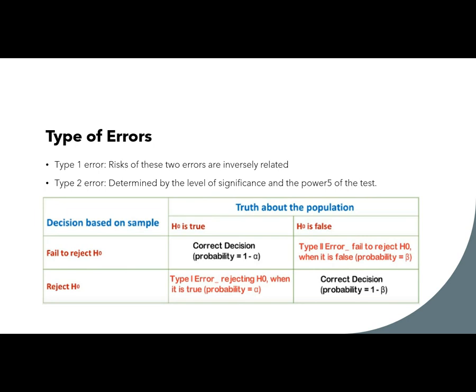If H naught is true and we reject H naught, then it's a type 1 error, rejecting H naught when it is true, and the probability is alpha. And if H naught is false and we reject H naught, then it's a correct decision, and it has probability 1 minus beta.